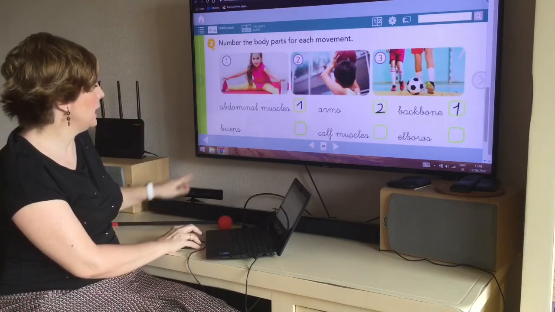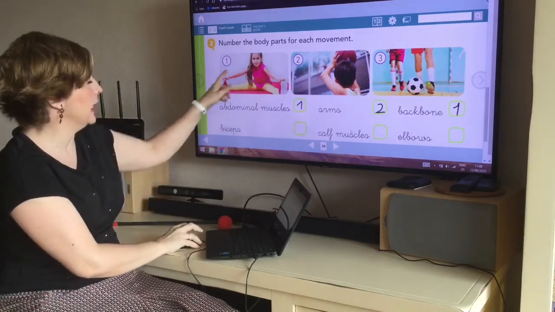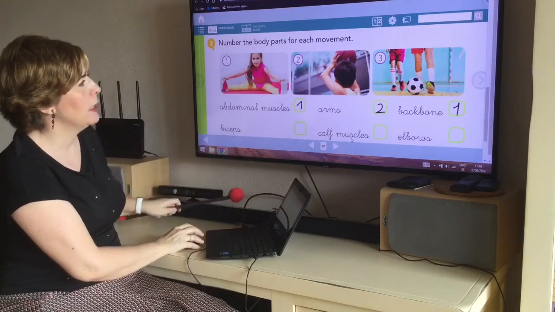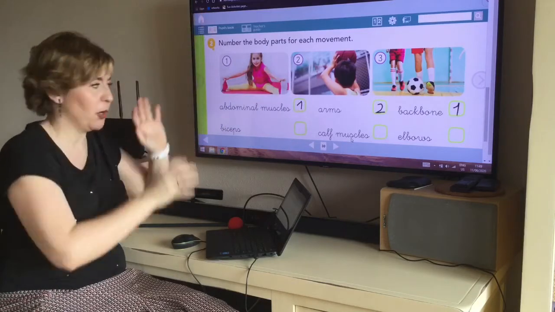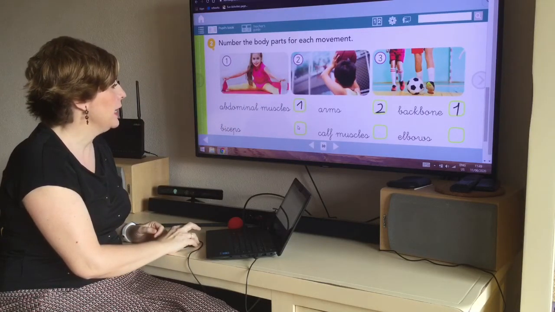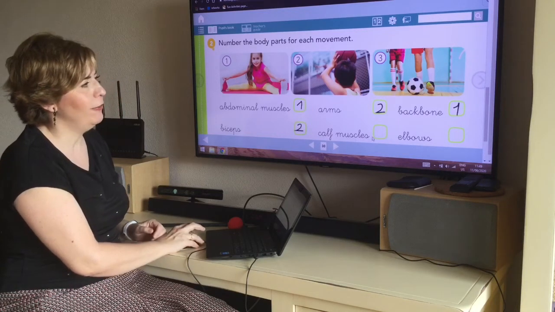Who is using the biceps? The girl in number 1, the boy in number 2, or the children in number 3. The boy in number 2 because he's throwing the ball. So he's using the biceps. What about the calf muscles?